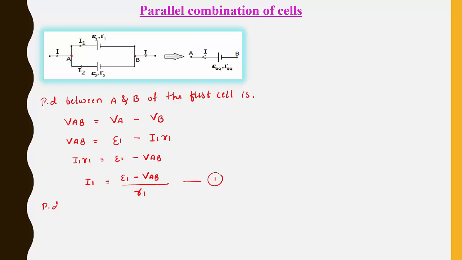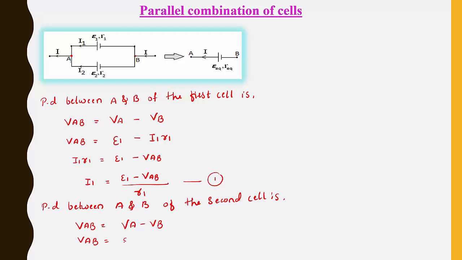Similarly, we can write the potential difference between the terminals A and B of the second cell. How to write the equation? Again, we can write VAB is equal to VA minus VB, or VAB is equal to E2 minus I2R2, because this is the second cell.